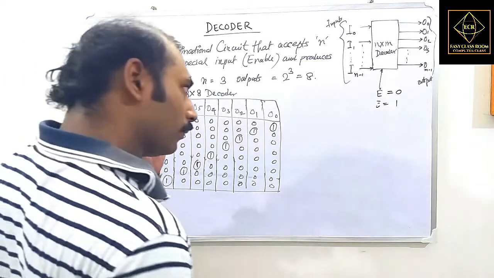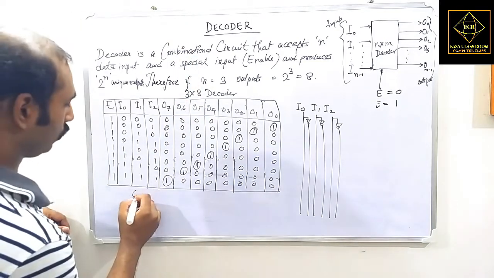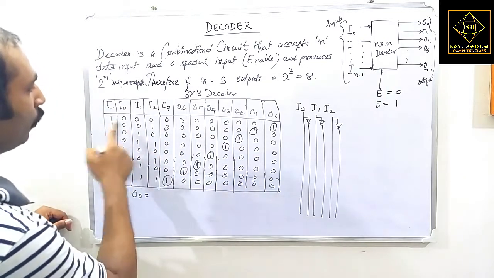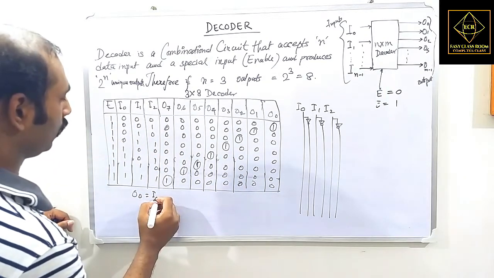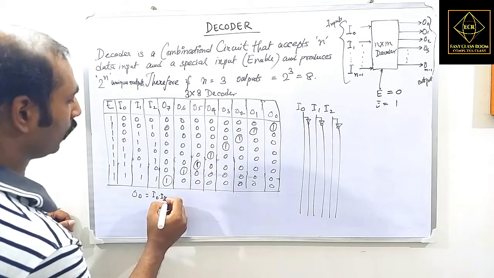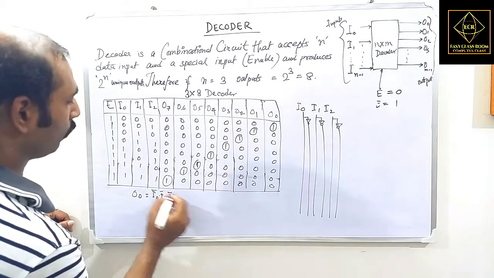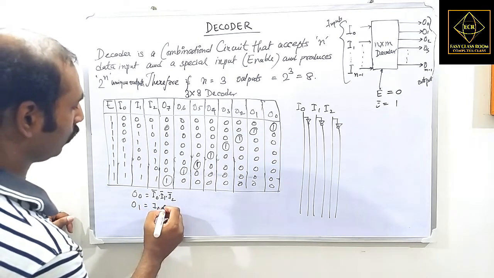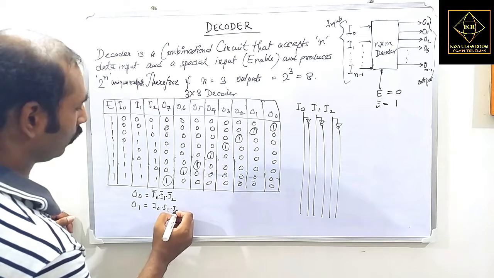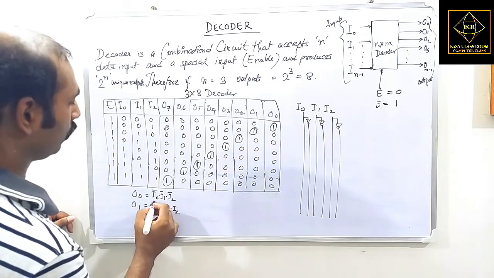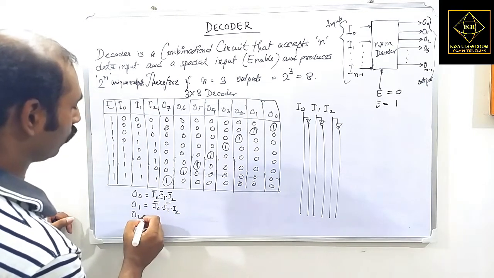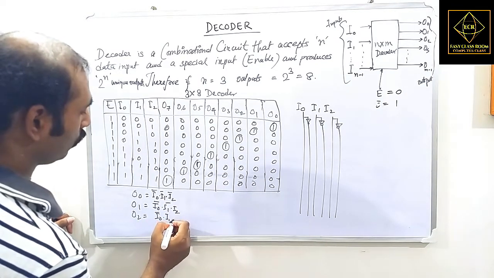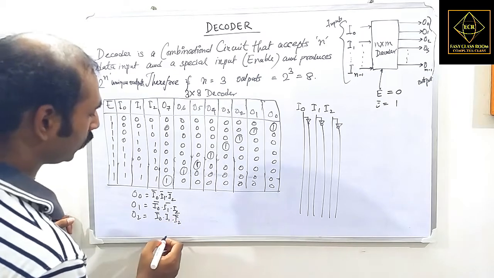Okay, now for the circuit for O0, what is happening? So here is this for O0: I0, I1 and I2 are all parts of it. O1, what is happening? For O2, this is happening.